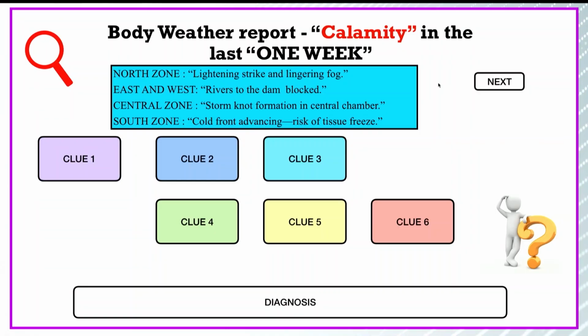Each word is important, so just go through each word. Body weather report, calamity in the last 1 week. The weather report says north zone, lightning strike and lingering fog. East and west, rivers to the dams are blocked. The central zone, storm knot formation in the central chamber. South zone, cold front advancing, risk of tissue freeze.